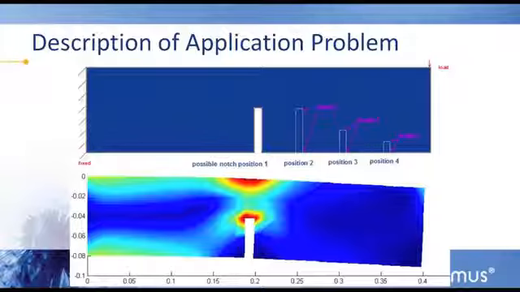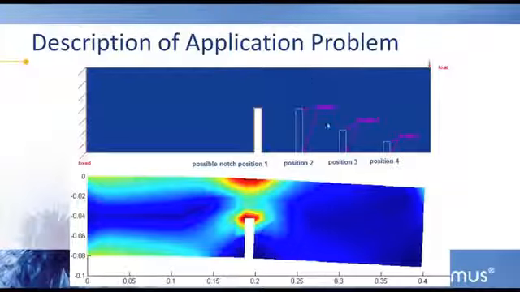So the first case study that we have here is a beam. It's an FEA simulation that's conducted inside of MATLAB. For this particular application, we're looking to optimize the mass of this beam given a few parameters.